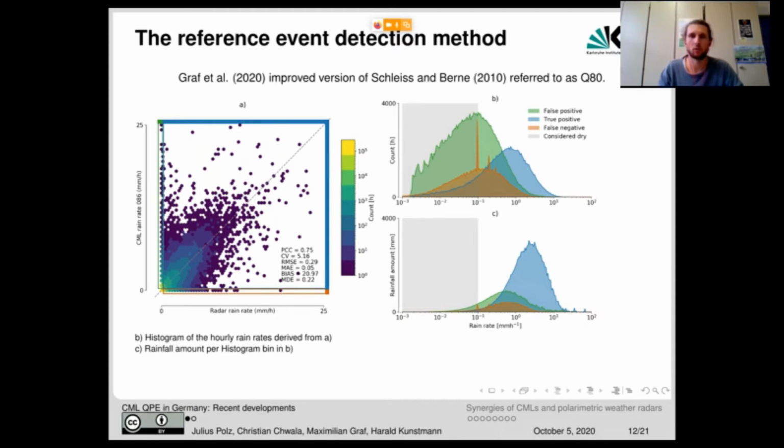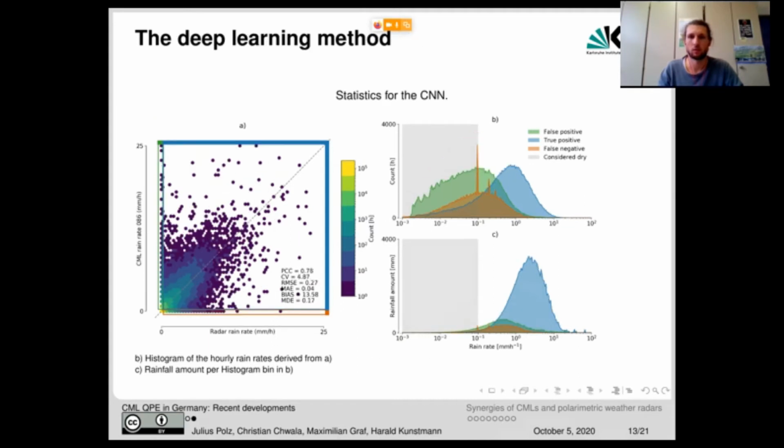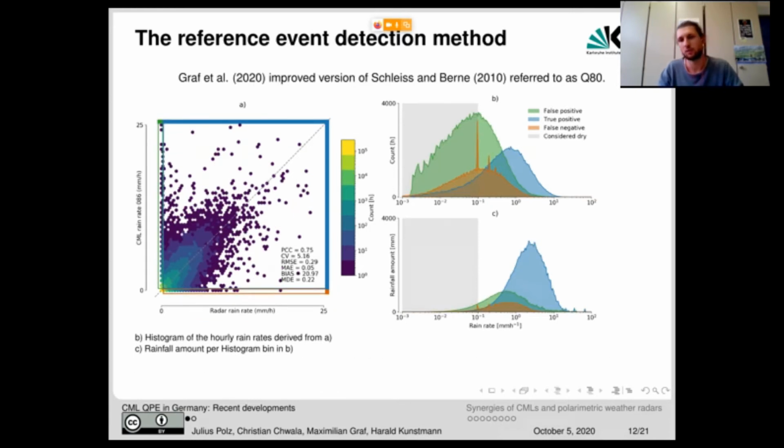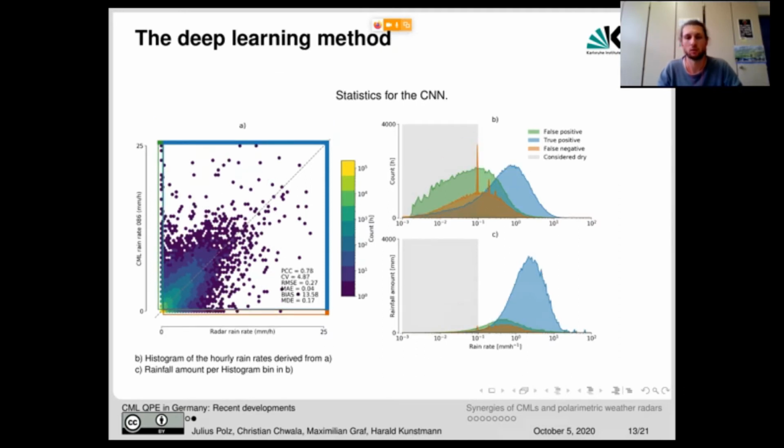And now I'm going to the deep learning method. Sorry, that was on the wrong slide. And we see that the false positives got a lot less. And we can also see that the true positives actually got more.